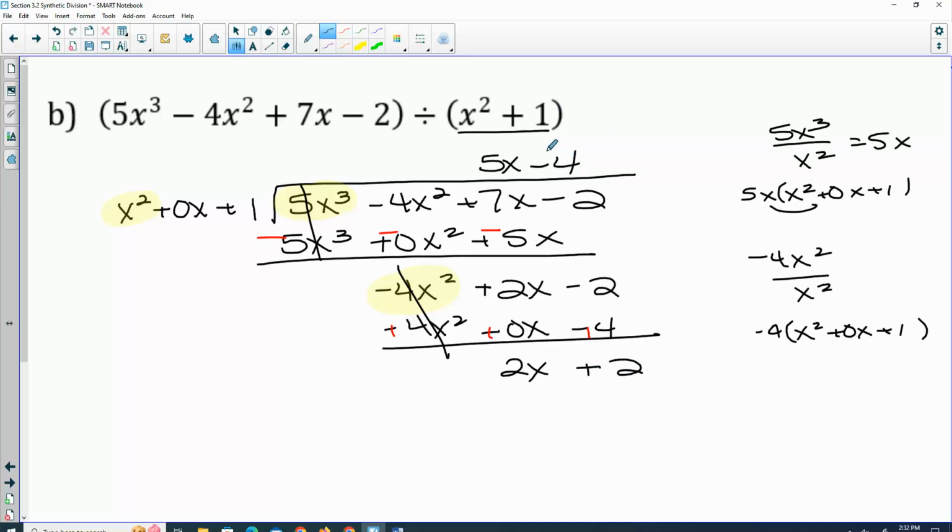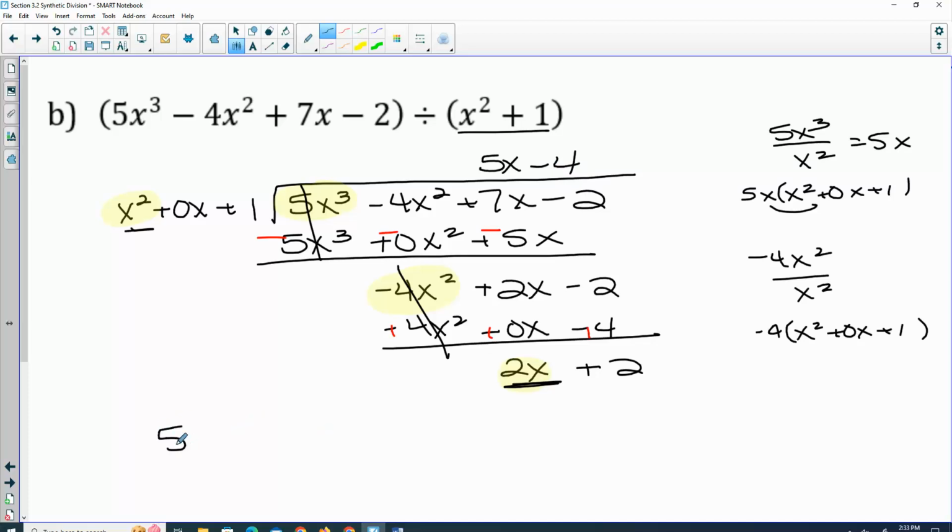Alright, when you get to this point, we have an x, we have a constant. Can we do 2x divided by x squared? It'll give us, like, we could reduce it, but once you get to the point where this power of x is smaller than what you're dividing by, we're going to stop. That's our remainder. So another way to think of it is after you get your constant, anything after that's going to be a remainder.